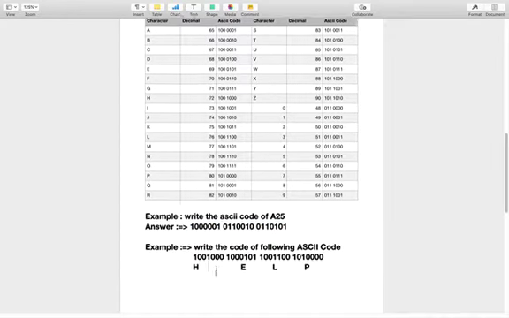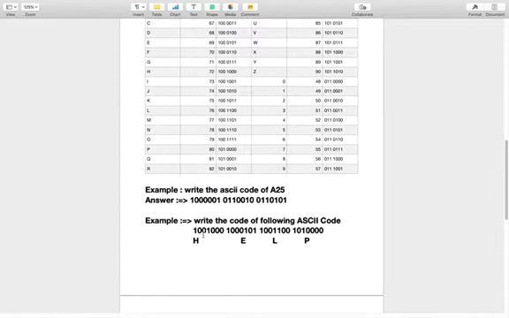It can be reversed also: a binary number is given and we have to find the characters. How can we find this? First of all, we create groups of 7 digits. This is the first group, this is the second group, this is the third group and the last is the fourth group.